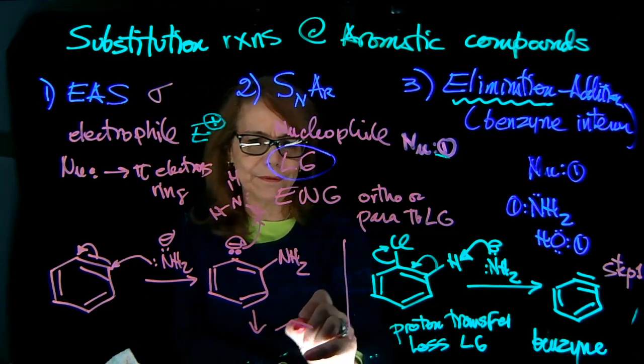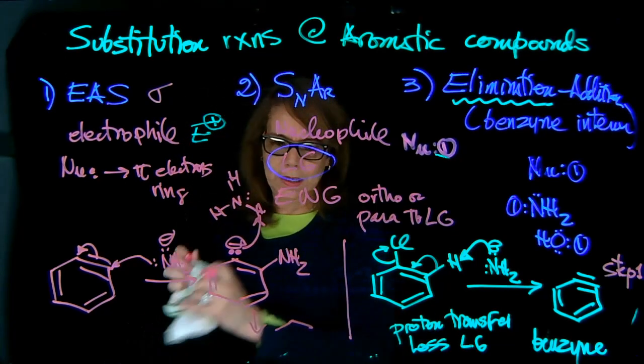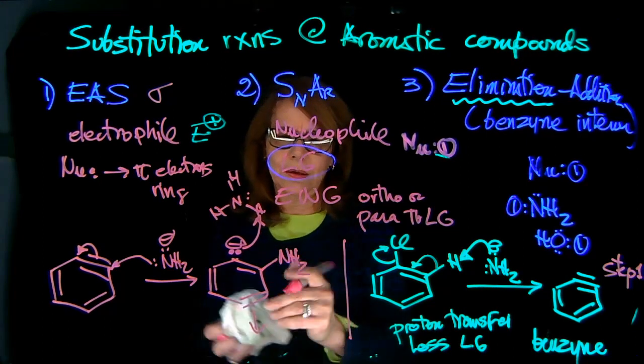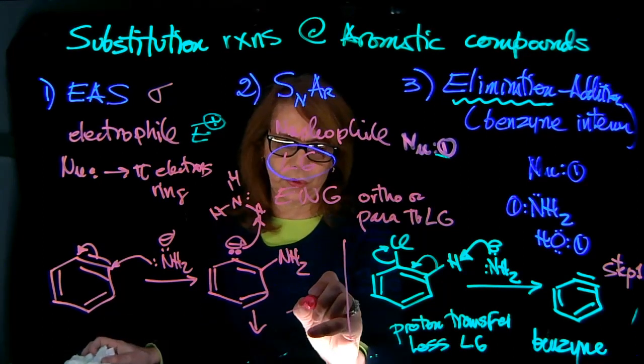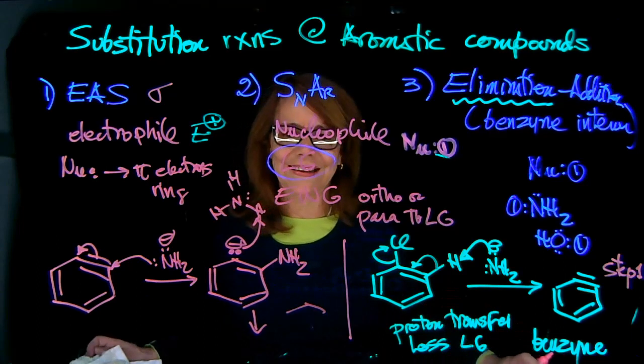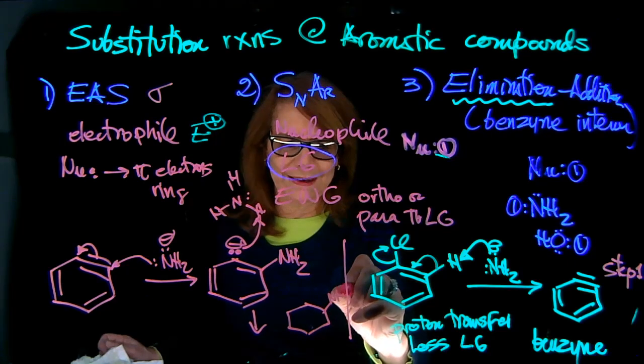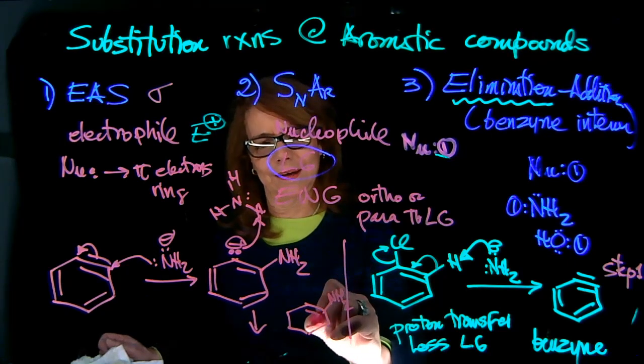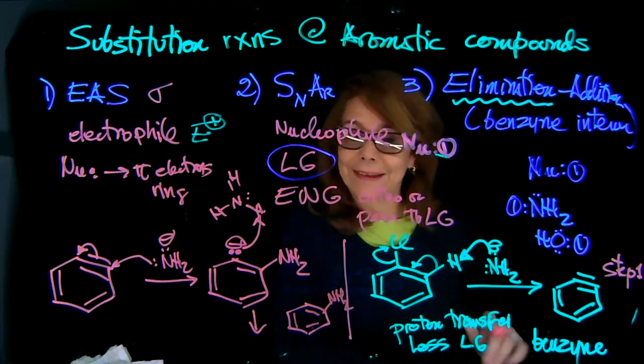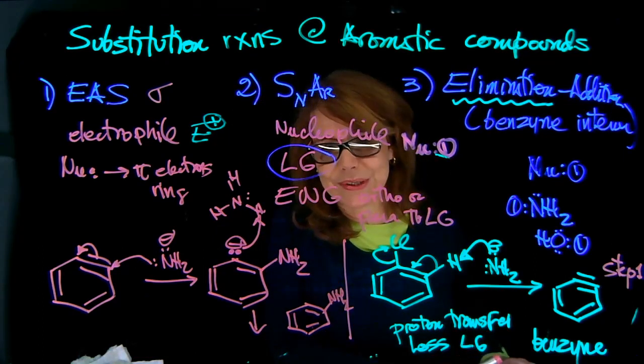And the end result is that, I'm going to draw it here better, we have substituted the aromatic ring and have installed an amino group. So it happened in steps.